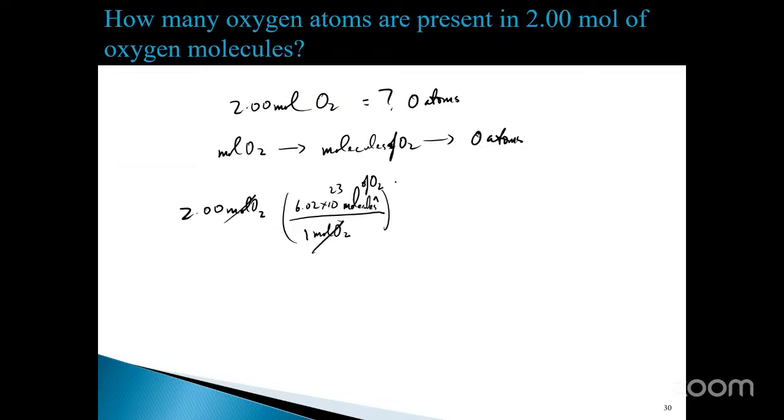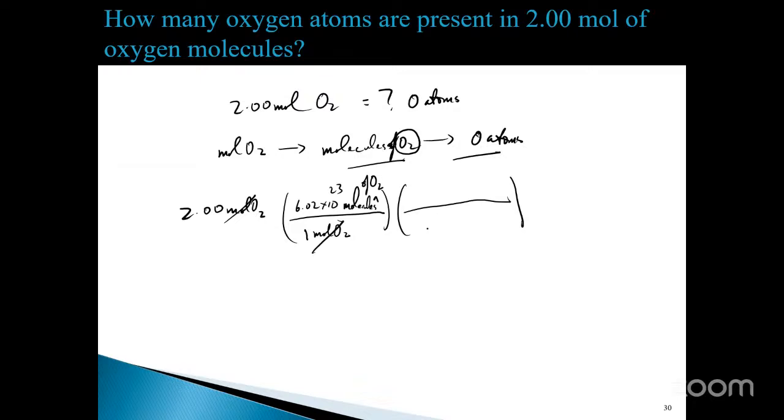The next step is going from molecules of O2 to the number of atoms of O. So how would we represent that in the next conversion factor? What would go on top and what would go below? The hint is in the formula. Because the formula tells you that there are 2 atoms of oxygen per 1 molecule of oxygen, right?